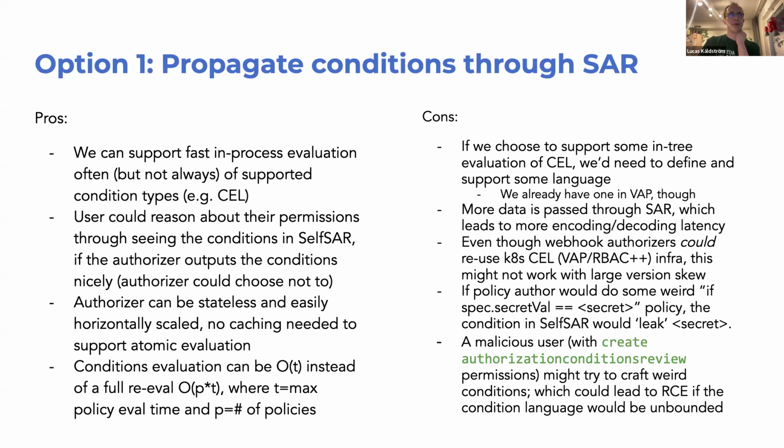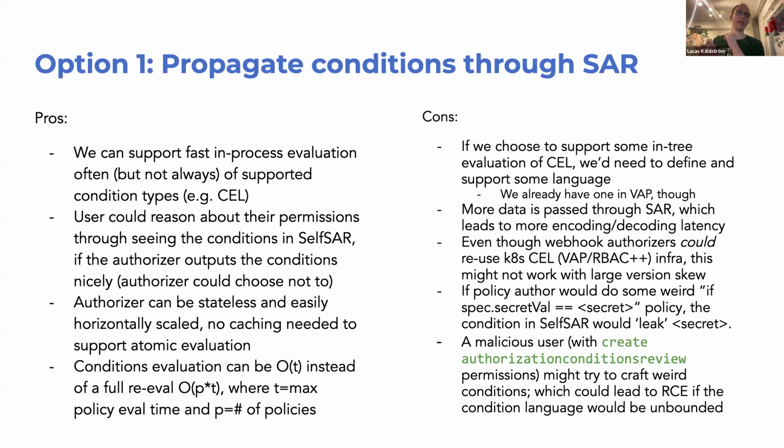What's written down in the KEP is propagating the conditions through SAR, and then we can support, for example, fast in-process evaluation often, but not always, as was described, because in, for example, version skew scenarios, the API server which has an evaluator might be too old or too new compared to what the authorizer expects the, for example, built-in CEL environment version to be.